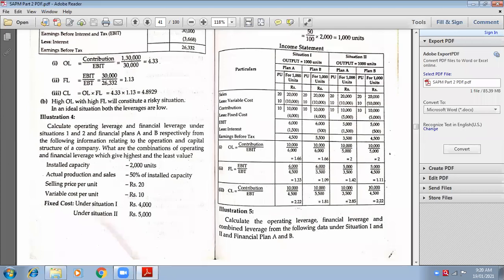So we have to go according to actual production. Selling price per unit is given. Variable cost per unit is also given. Fixed cost is divided into two parts. Under situation 1 it is 4,000 and in situation 2 it is 5,000.